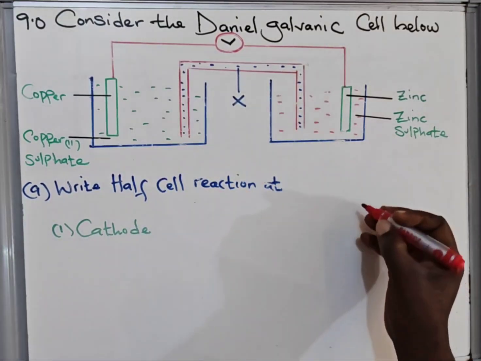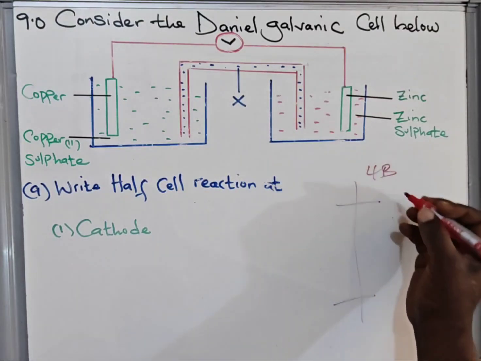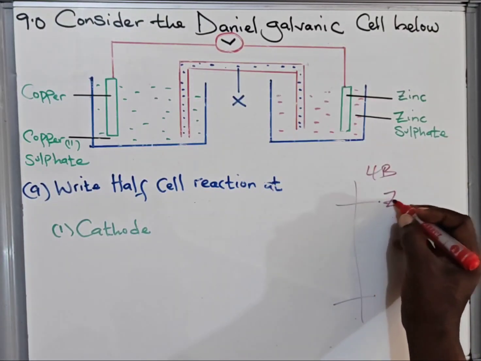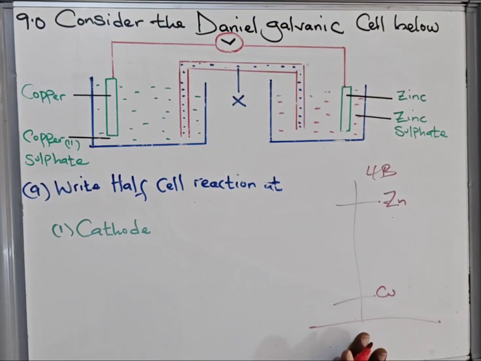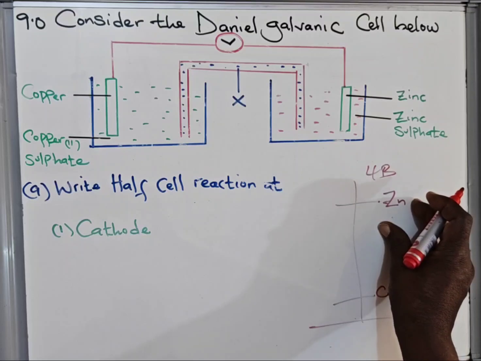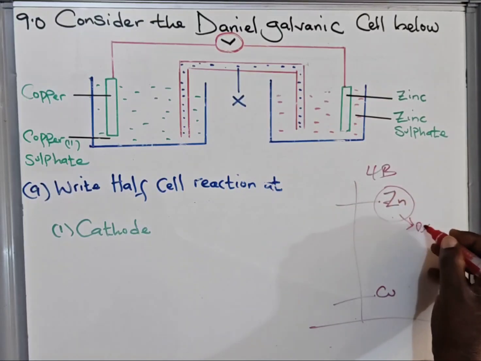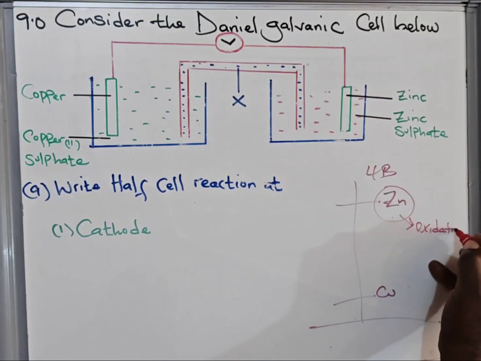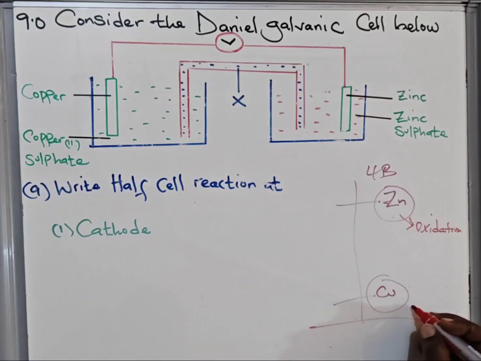So this is what we now have to know. When you look at our table, which we call Table 4B, zinc is here and copper is here. We said zinc is a strong reducing agent, implying that zinc is the one which most likely will undergo oxidation, and copper is the one which most likely will undergo reduction.